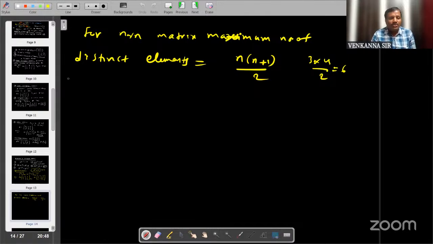Next, a very important formula: how to calculate the symmetric matrix. What is the formula to calculate the symmetric matrix?